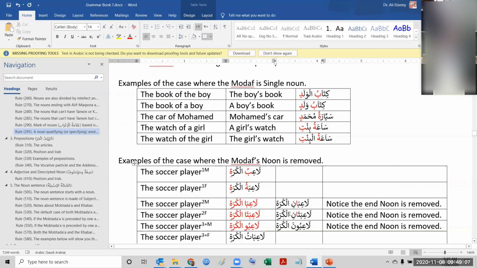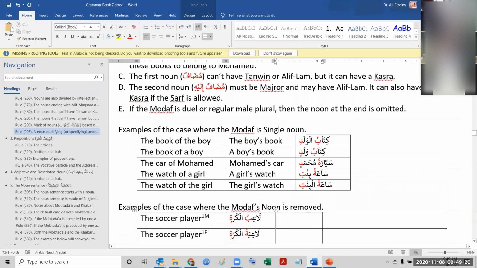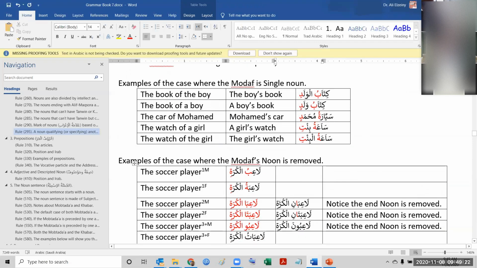So لاعبان الكرة, الكرة is majrur. So majrur for single female, because kura, ball, in Arabic, is a female word. There's no male ball or female ball, no male soccer or female soccer.